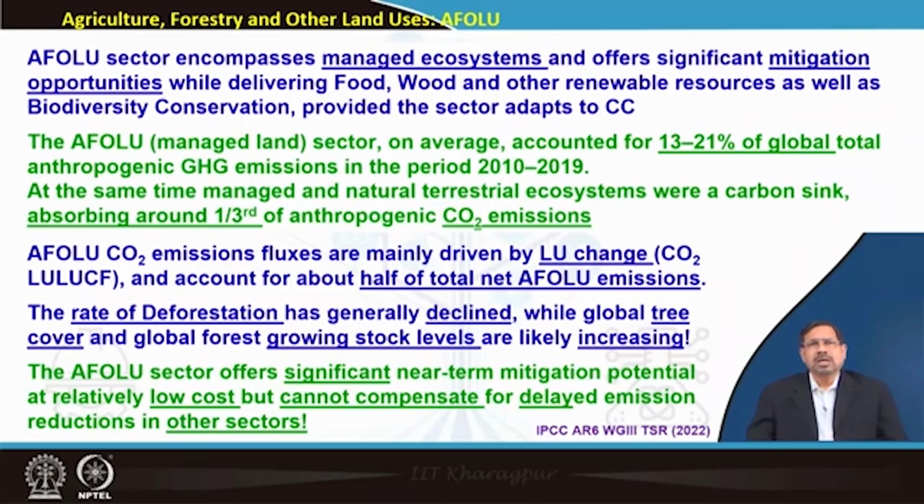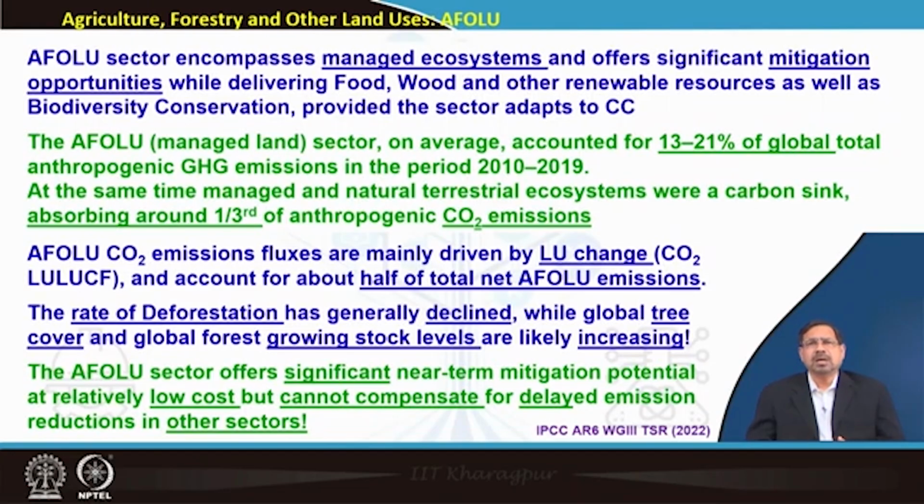The first one is, the AFOLU sector encompasses managed ecosystems. It talks about ecosystem management, and it offers significant opportunities while delivering food, wood and other renewable resources as well as biodiversity conservation.